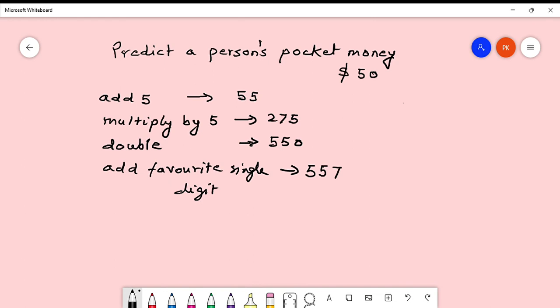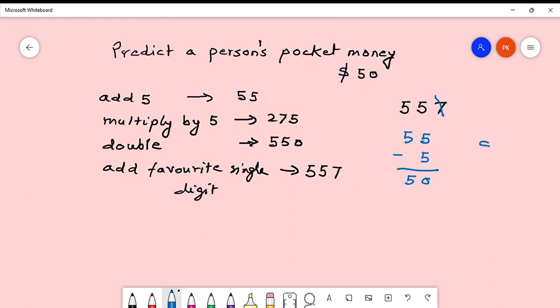Now tell him to tell you this number that he finally has got. So what you do is just neglect the units place and whatever the remaining number 55, you subtract 5 from it. So that gives you 50.